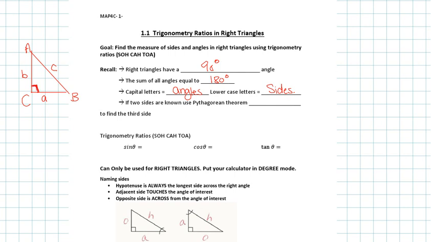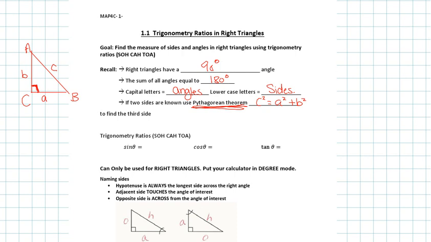Why is that? It has to do with this. Do you guys remember what the Pythagorean theorem is? C squared equals a squared plus b squared. So c is the hypotenuse.